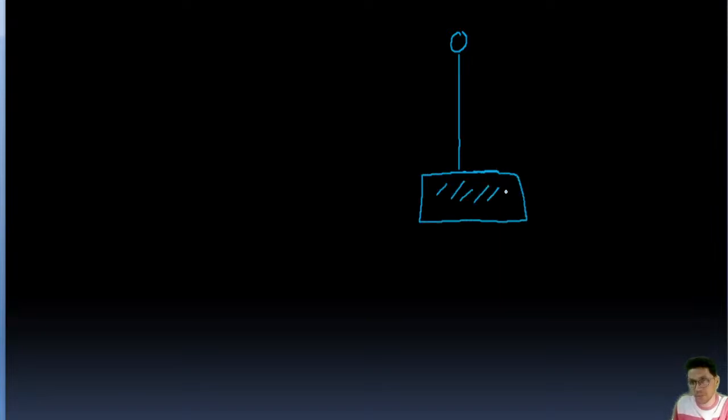I'll explain it. This is the object, and we drop this object from height h. This is the cushion, and the height h equals 10 meter is given.